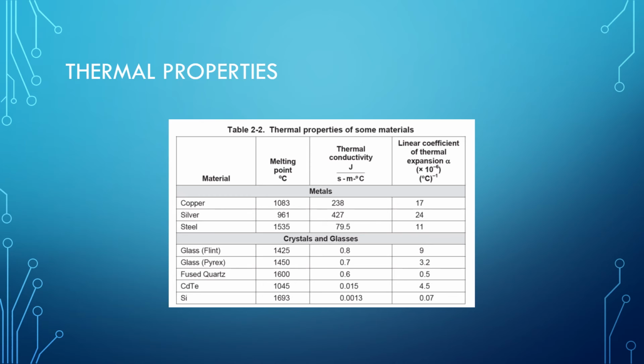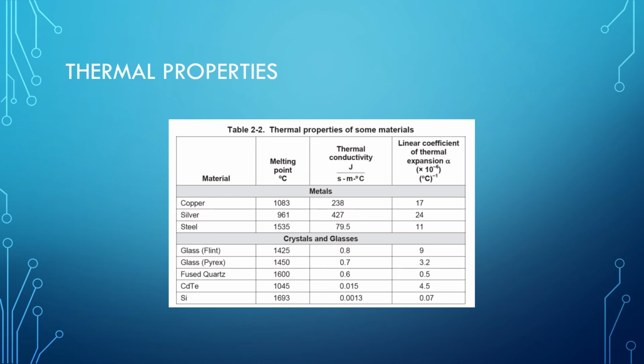The first column here actually shows us the melting point of different materials. So if we look at this table, we have copper with a melting point of 1083, silver with 961, and steel with 1535 degrees Celsius.